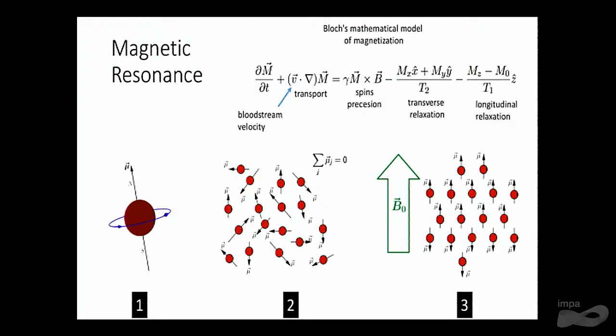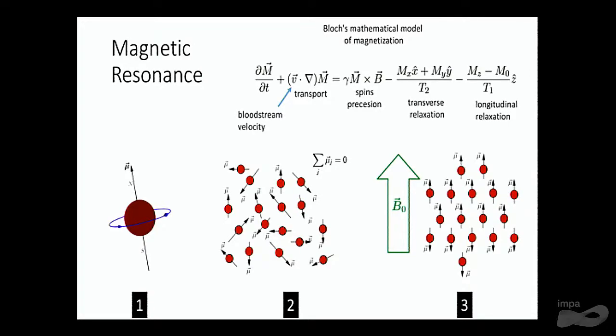So essentially the equations behind are called the Bloch equations for magnetization. Magnetization is a vector field which satisfies some transport equation, where this velocity here can be, for instance, the velocity of blood, okay? You have the spin precession.